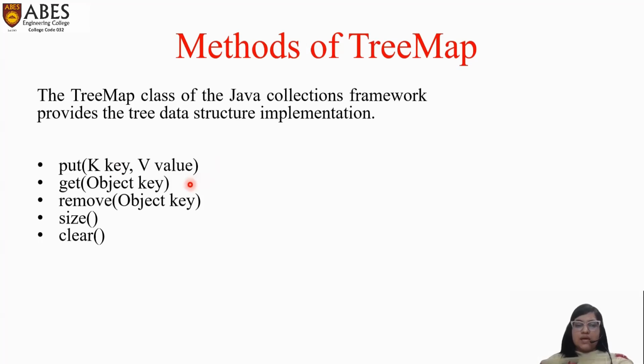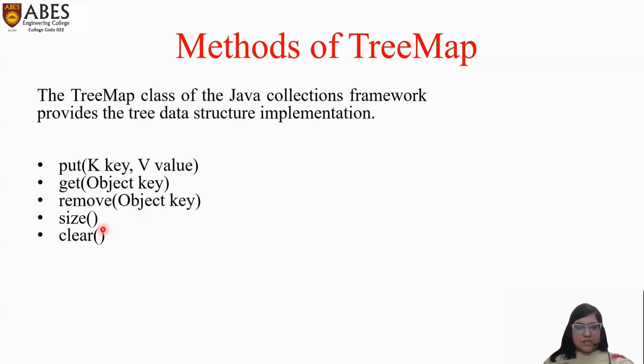Next, we have the get of Object key method. This method returns the value to which the specified key is mapped, or null if this map contains no mapping for this particular key. Next, we have the remove of Object key method. This method removes the mapping for this key from the map if it's present in the map.